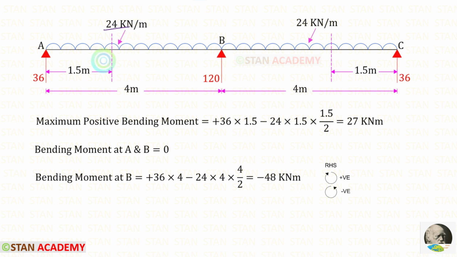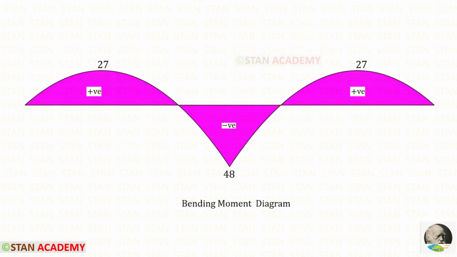The uniformly distributed load is acting in the anti-clockwise direction so it will be negative and the distance is 4. We know that with the UDL we have to multiply the distance and then the distance by 2. Finally, for the moment at B, we will get minus 48. We have already calculated that previously for the superposition method. This is the proper bending moment diagram.